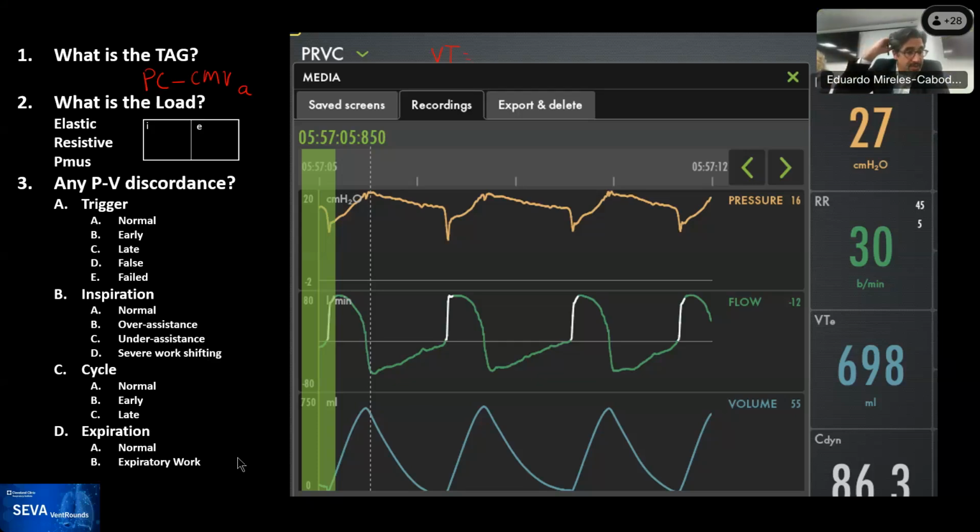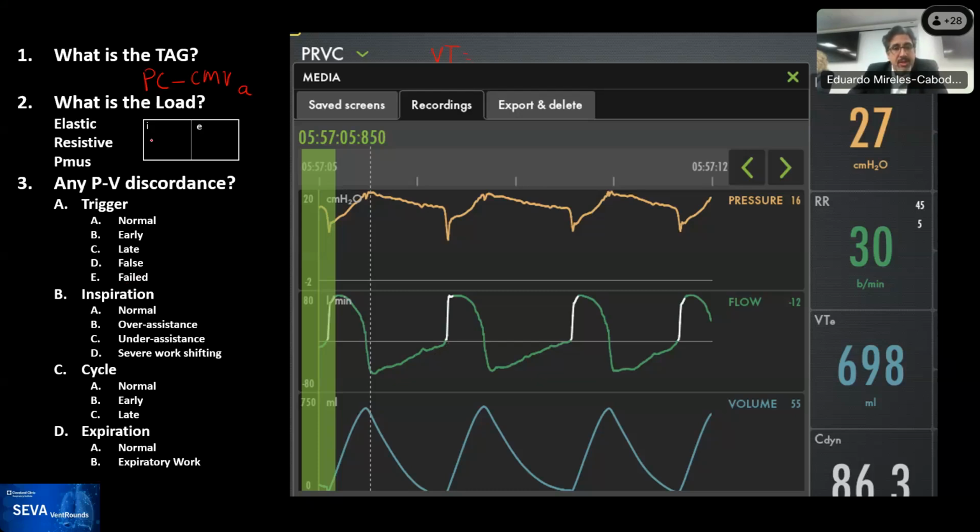Very good. I see that everybody recognized this very well. So this is a classic question. The PEEP level was 16 for this patient. And actually I put a cursor where the PEEP level was, but we'll go over it in a second.